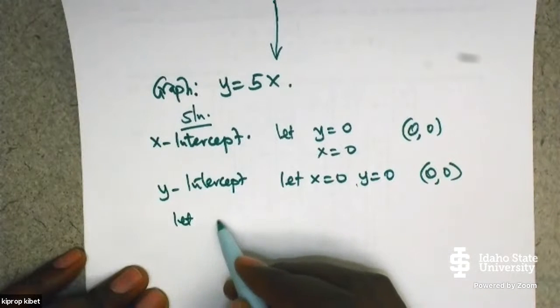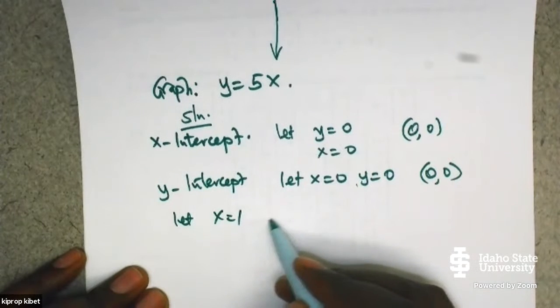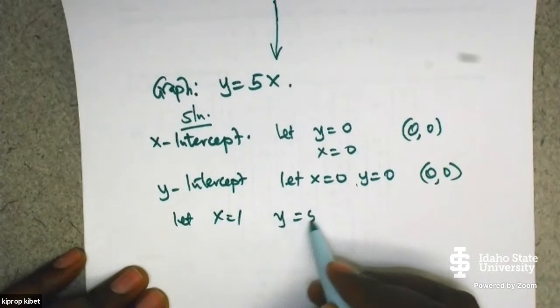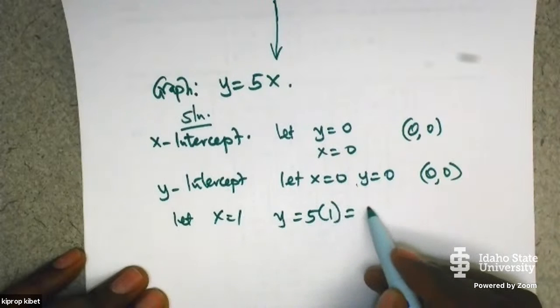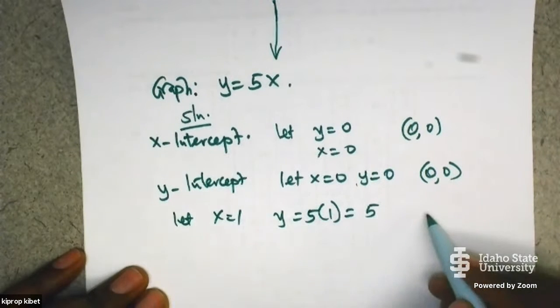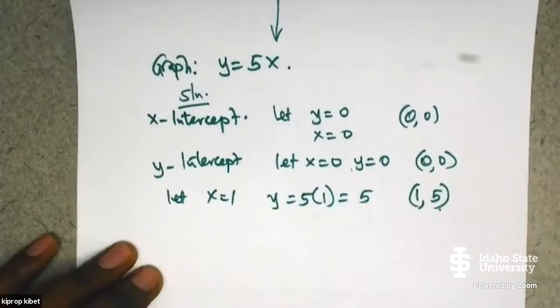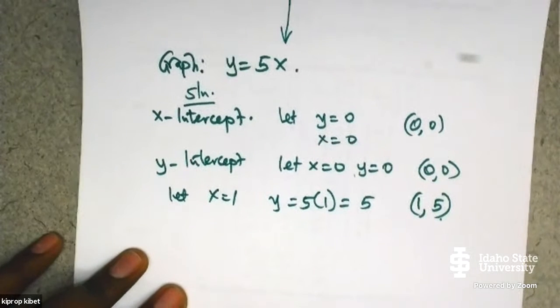So you can let x be equal to 1, and our y equals to 5 times what? Which is equals to 5. Our other point will be 1 and 5.